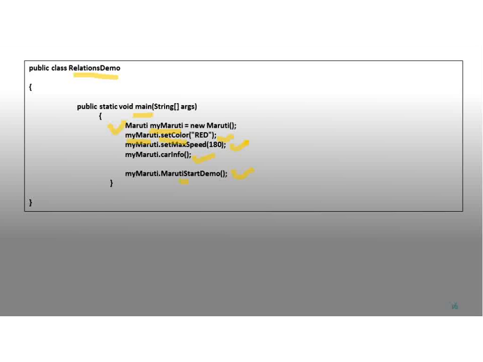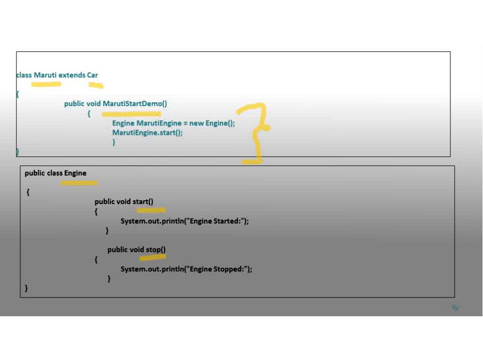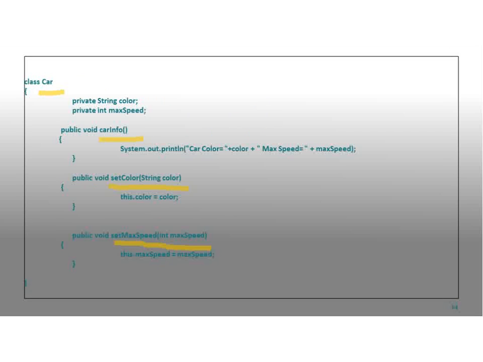So when you run this program, the output will be "car color is equals to red", because we call this method setColor.